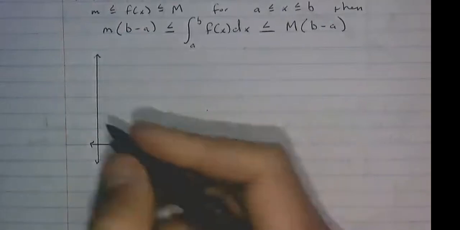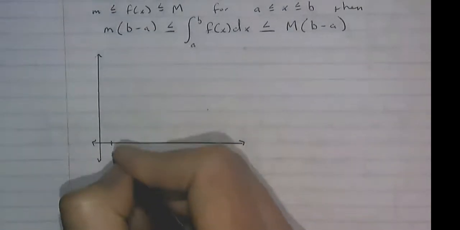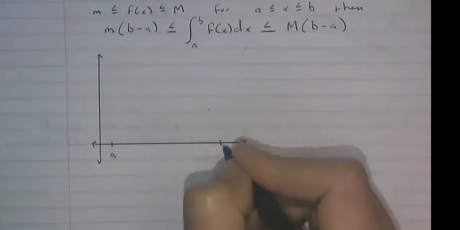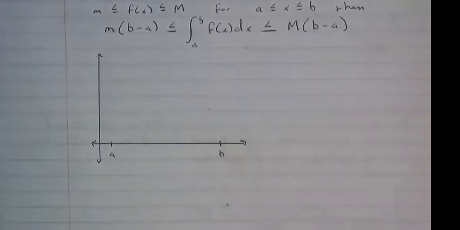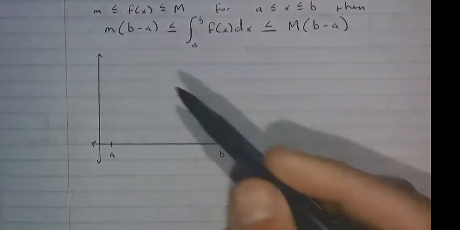Let's say we've got a and b, and we've got some curve going on.